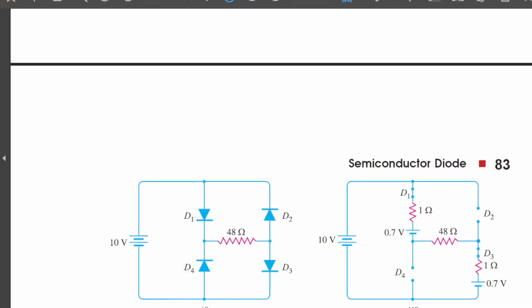The board is not clear, please. Okay, so let's try to see how we can make that work out. Thank you for the feedback.